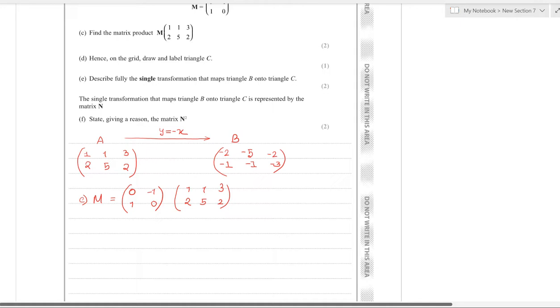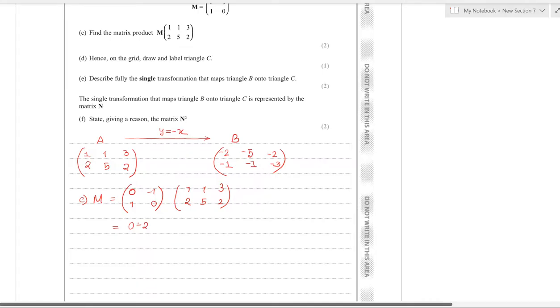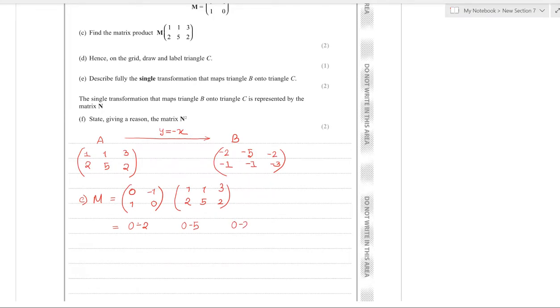So we are just going to be moving by first row, first column. That is, first row is 0 times 1 plus minus 1 times 2, which is basically minus 2. Then first row, second column is going to be minus 5. First row, third column is going to be minus 2. Second row, first column would be 1 plus 0. Second row, second column would be 1 plus 0. Second row, third column would be 3 plus 0.